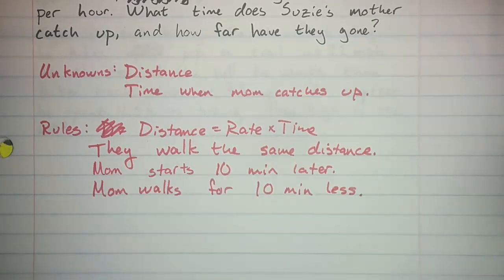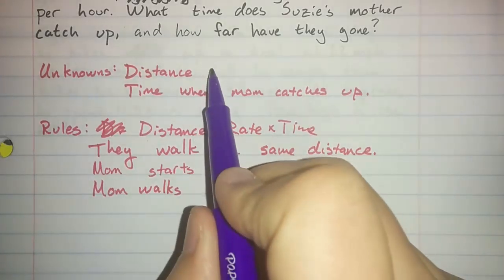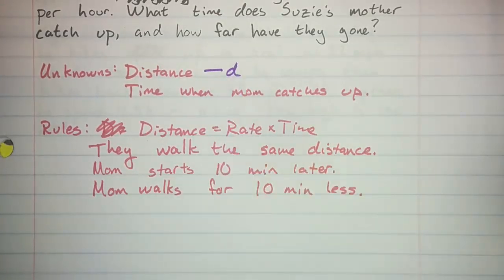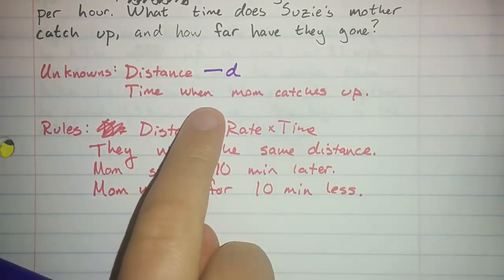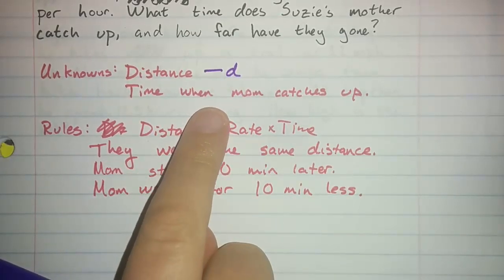Okay, I think we understand what's going on now. Let's see if we can model this. Let's give the distance traveled a name. We'll call it D. Now, the time when mom catches up is going to be some clock time.